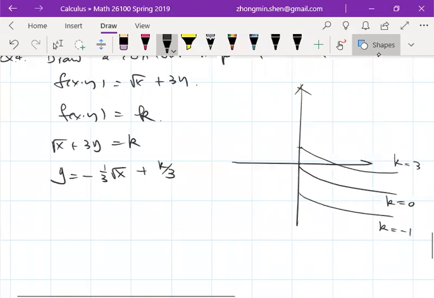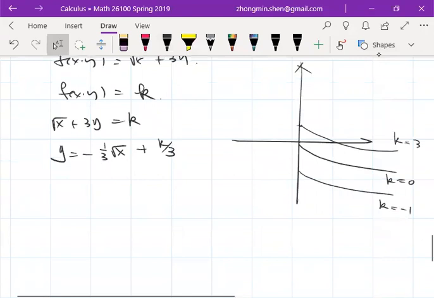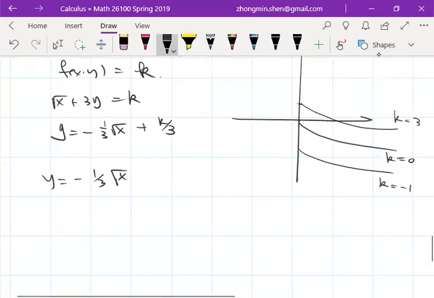So that's good enough. How do I know the curve looks like that? When y equals -1/3 the square root of x, you square it, and you get x equals 9y squared.